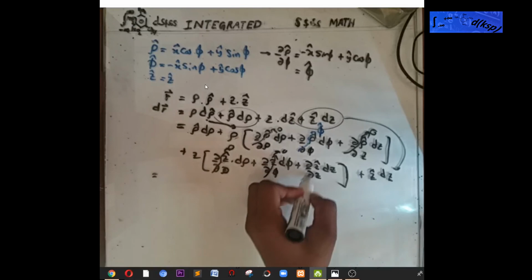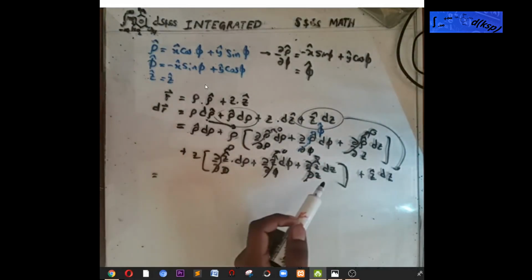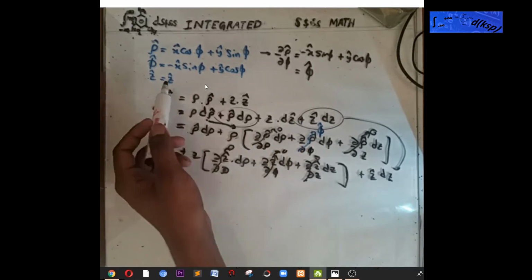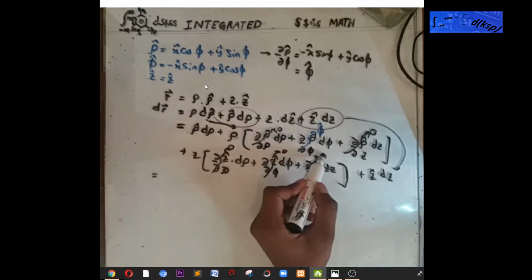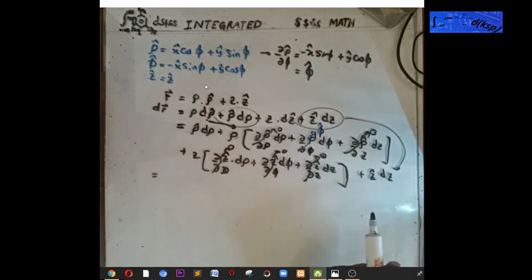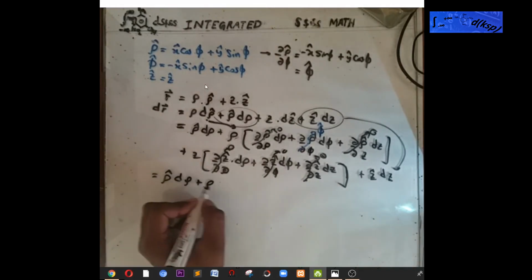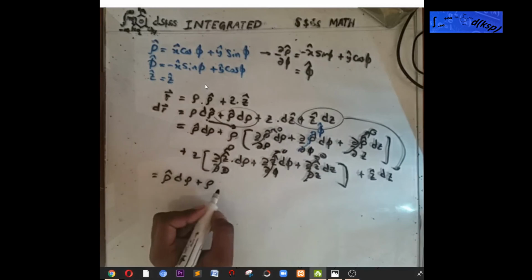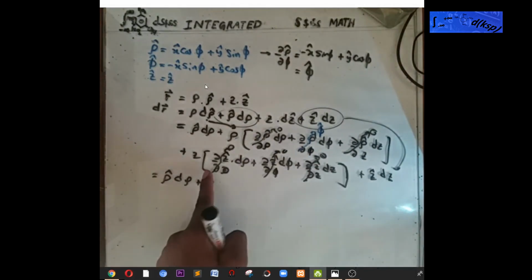Most of the guys are confused when they come to this moment. There are no z terms, we have only z hat. Therefore this also is going to be equal to 0. It means that we have only rho hat, the rho plus rho times phi hat d phi, along the phi hat direction.